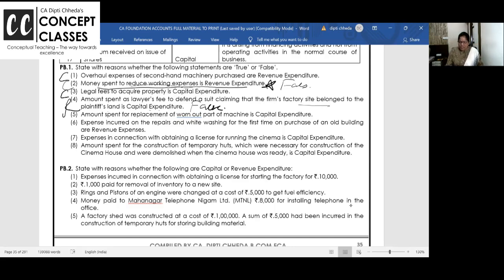This is not the first time expense to purchase the factory site. Factory site is already yours, but someone else is putting a case, to defend that you are giving legal fees to your advocate and he is fighting. This is a revenue expenditure. Okay? Right. This will just maintain the asset. So expenditure incurred for maintaining existing asset, it is a revenue expenditure.